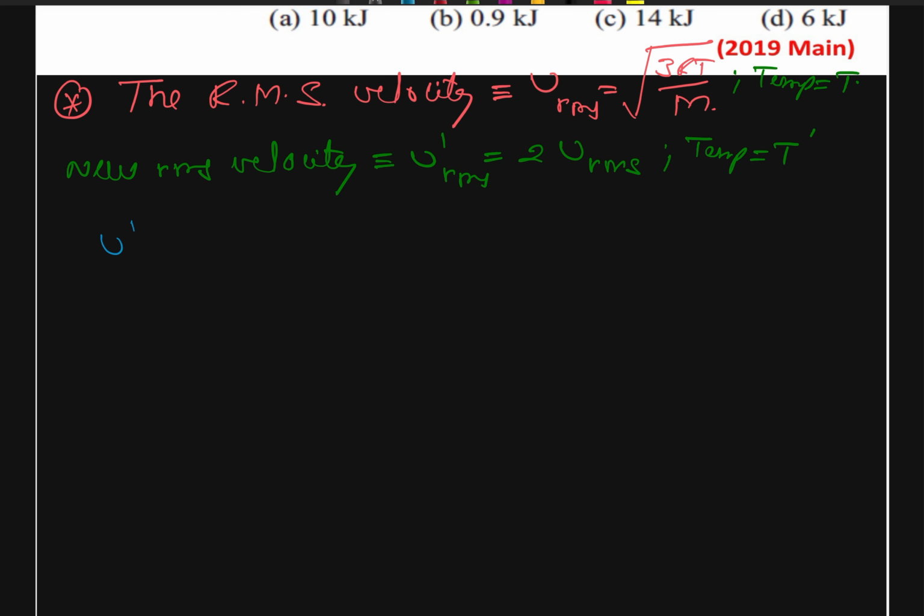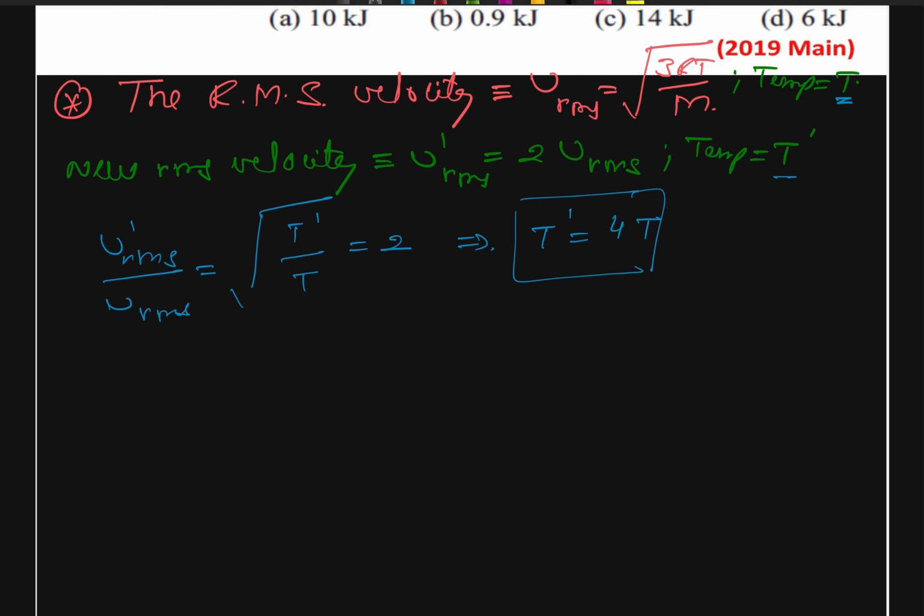V prime RMS divided by VRMS will be equal to the square root of T prime by T, and the ratio is given as 2, so this will be equal to 2. Therefore from here we can say that T prime is equal to 4 times T. So we got the relationship of the temperature T prime as well as the original temperature T.